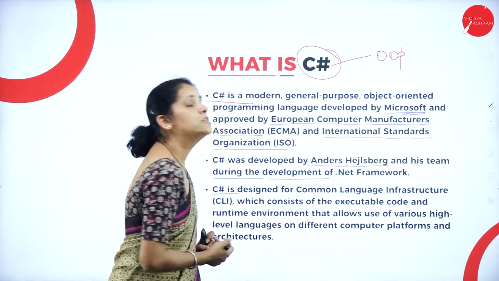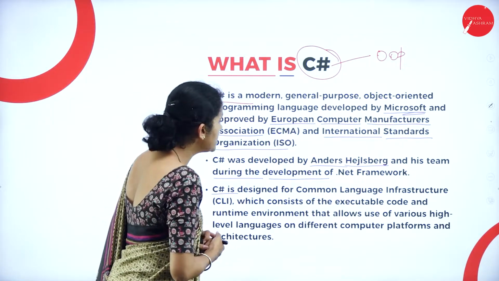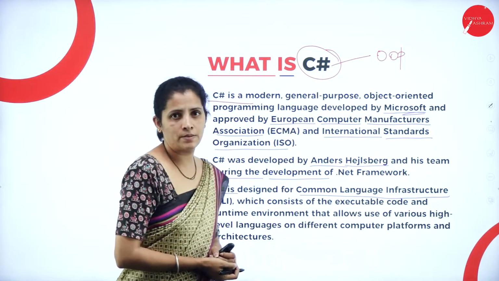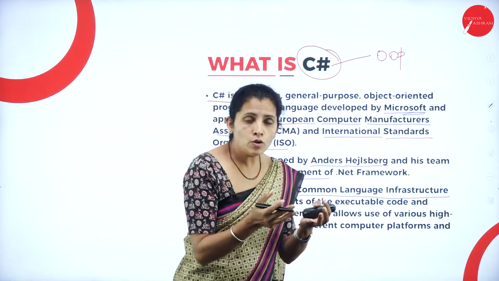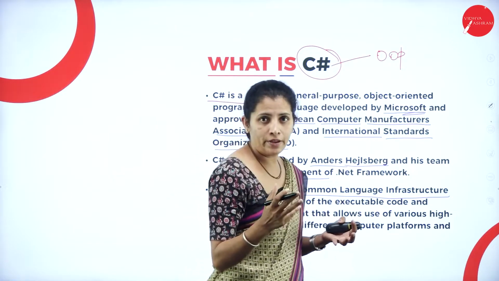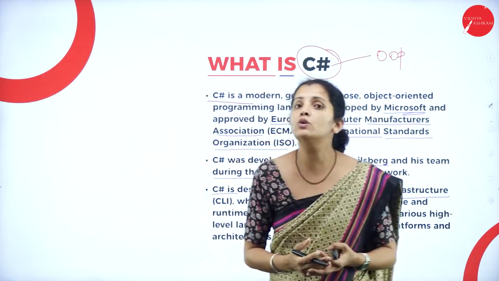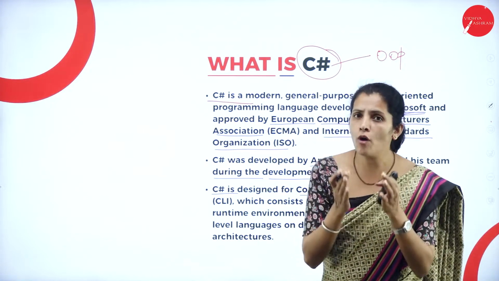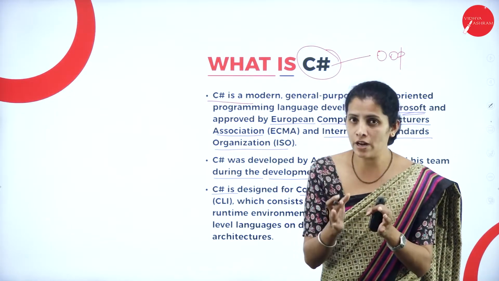and this C# is designed for the common language infrastructure. So here I want to design some infrastructure where I can run different languages, and I want the same infrastructure.